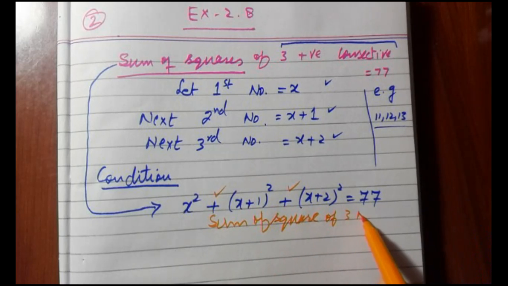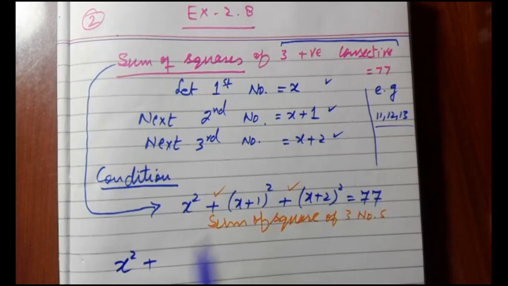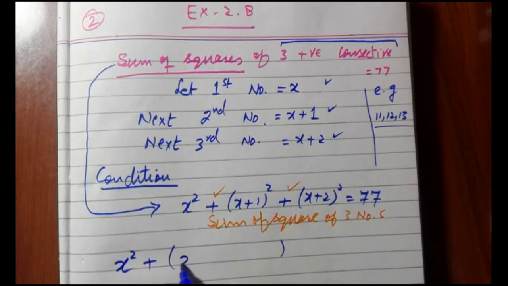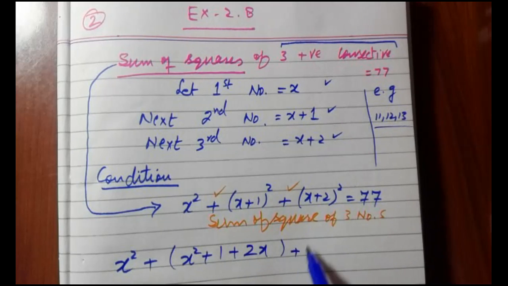And what you have to do is simply form the equation, expand the squares, then simplify to form a quadratic equation, and solve it. I will even write it for you. First square will be x square, plus 1 plus 2x, plus x square plus 4 plus 4x.